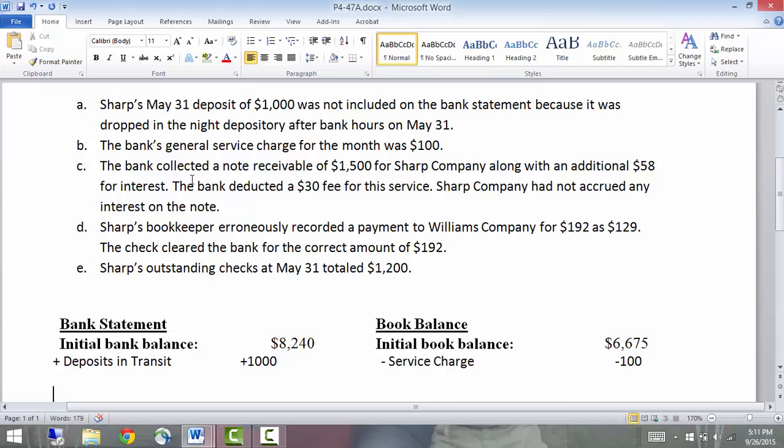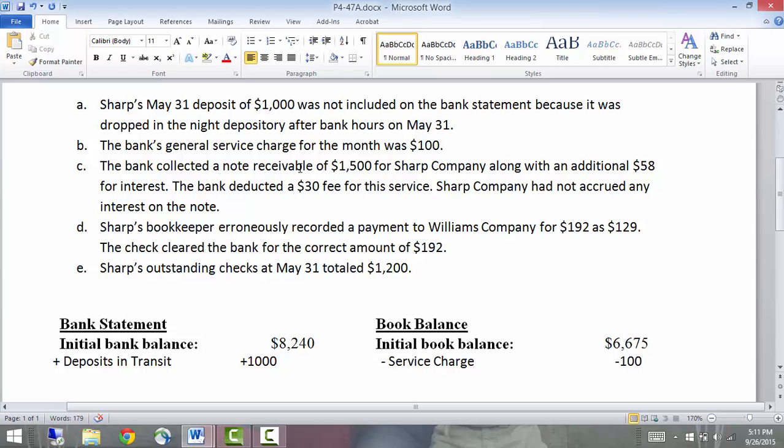Now, Part C. The bank collected a note receivable of $1,500 for Sharp Company, along with an additional $58 for interest. So we had made somebody a loan. We had loaned somebody money. So we have a note receivable on our books. This tells us that the bank collected that for us.